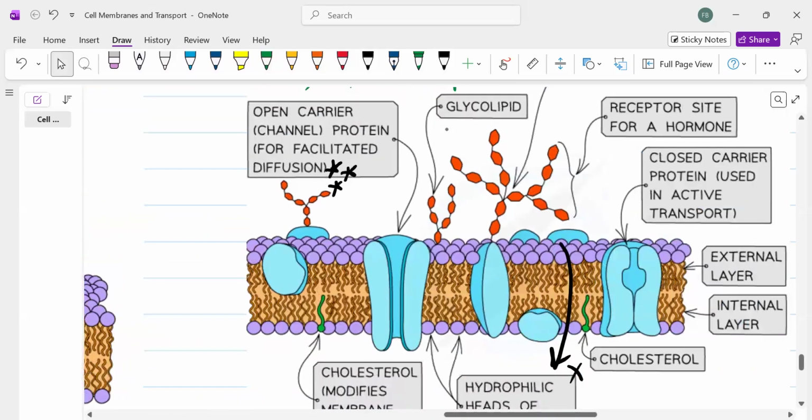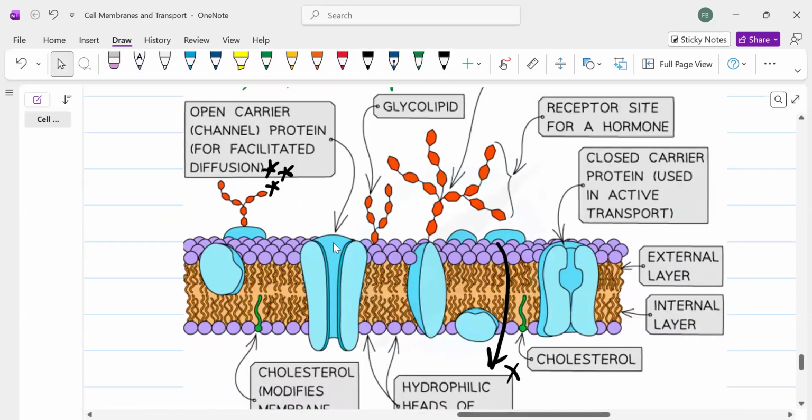One more function we have discussed is about this channel protein. What is the function of the channel protein or carrier protein? The carrier protein is to transport substances like potassium, nitrogen, and other molecules by facilitated diffusion across the cell membrane.